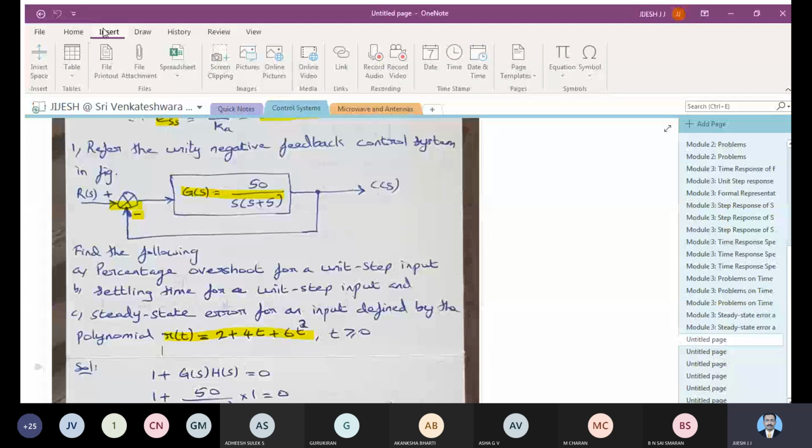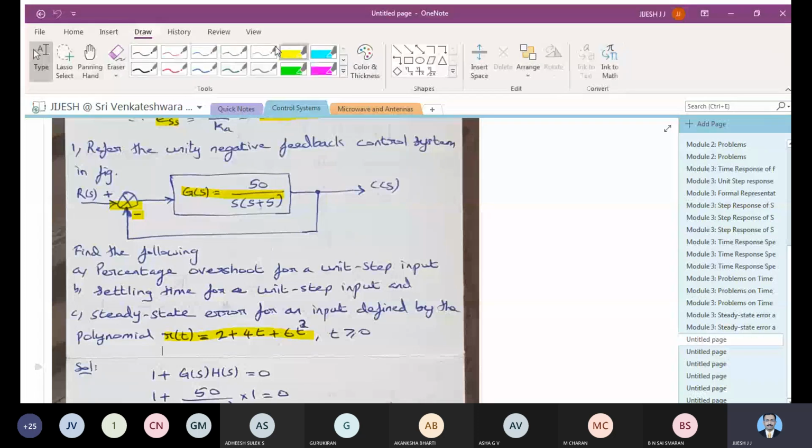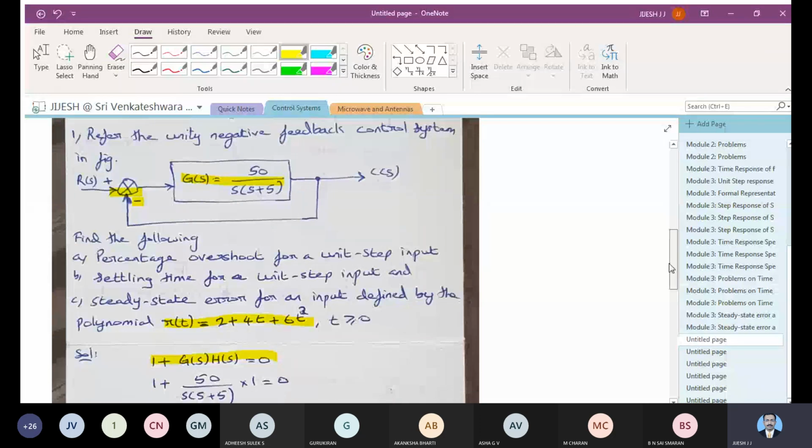When you take 1 plus G of s H of s equal to 0, you need to substitute G of s, which is 50 divided by s into s plus 5. Write down this problem and try to come out with an equation for 1 plus G of s H of s. H of s is 1 here, since it is a negative feedback system.